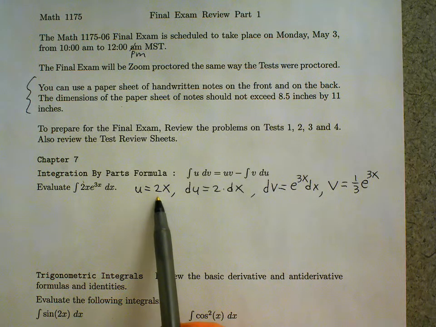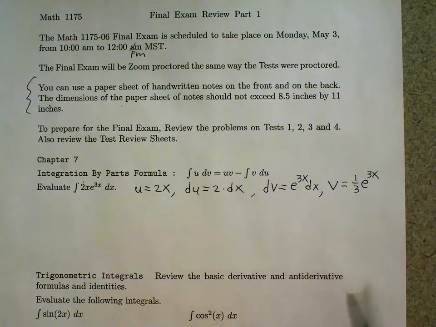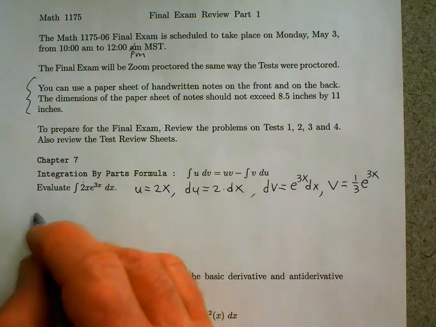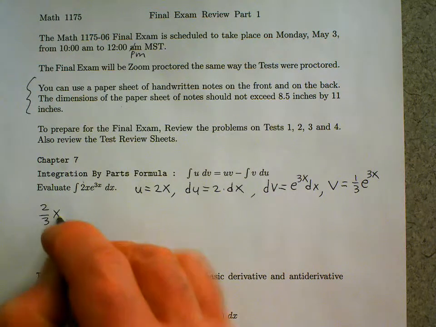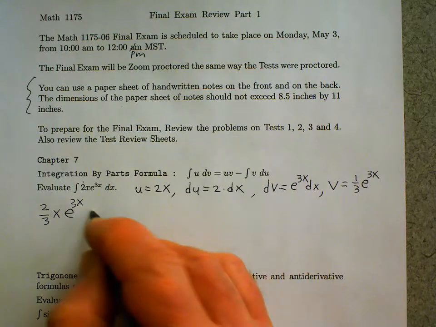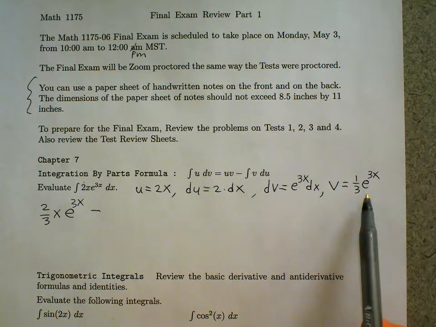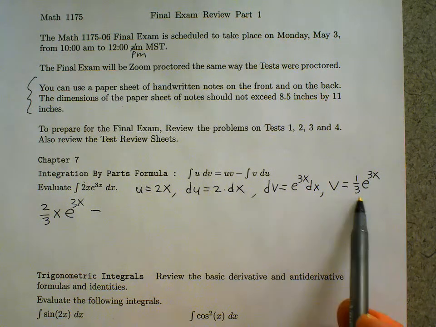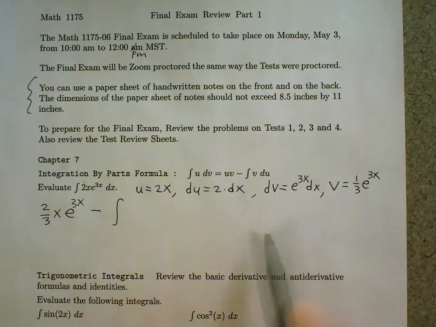So u times v, 2x times 1/3 e to the 3x. I'll write that as 2/3 x times e to the 3x. And then we subtract the integral of v du.